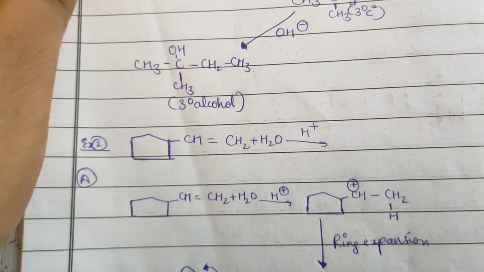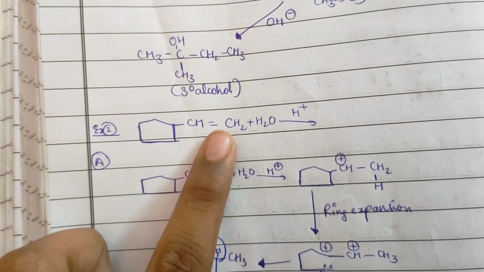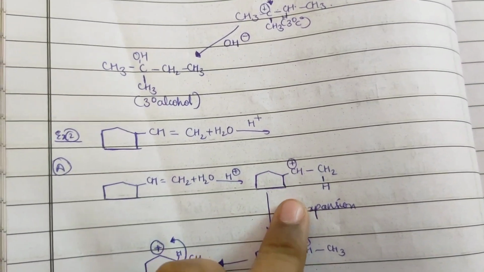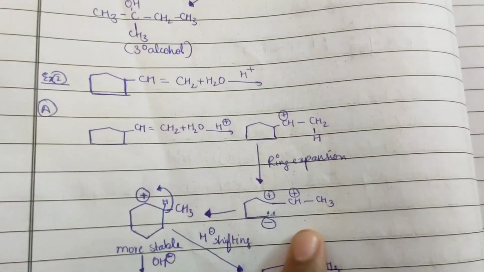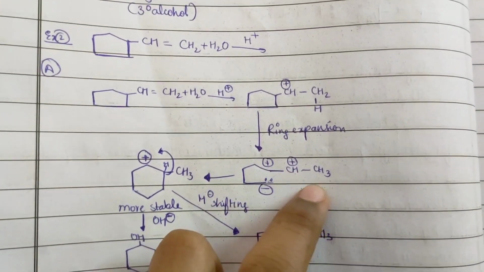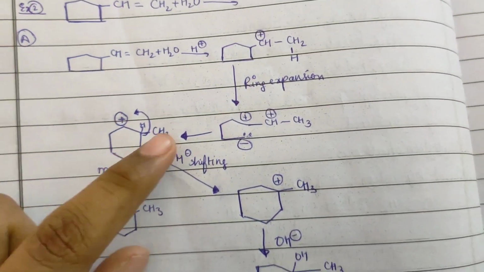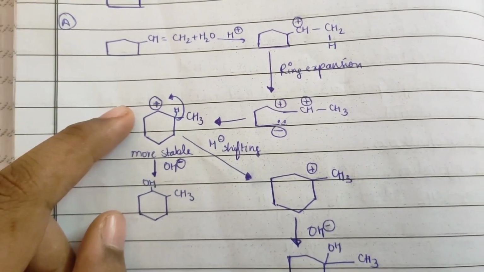Now the second example. Here you can see the ring is given with a CH attached, then CH2 plus H2O. Here H plus ions are added to give rise to a plus here. Here ring expansion will take place like this. The ring will expand to form a six-membered ring, which is more stable.